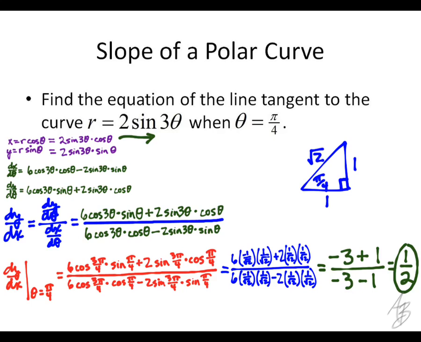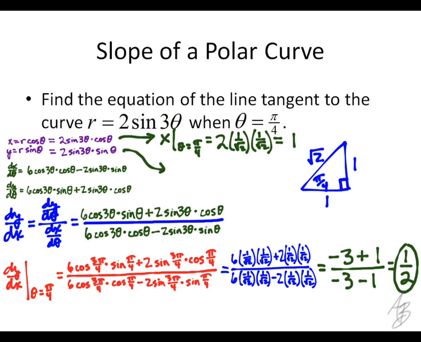So here we have x when theta equals pi over 4. I'm not going to write this out, but we have the sine of 3 pi over 4, which is what? 1 over square root of 2, times the cosine of pi over 4, which is 1 over square root of 2. So we have 2 times 1/2, which is 1. So that's your x-coordinate.